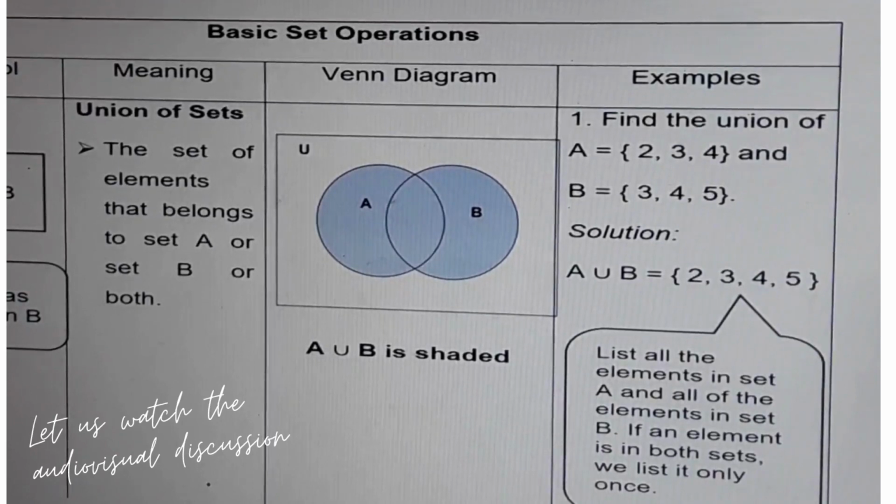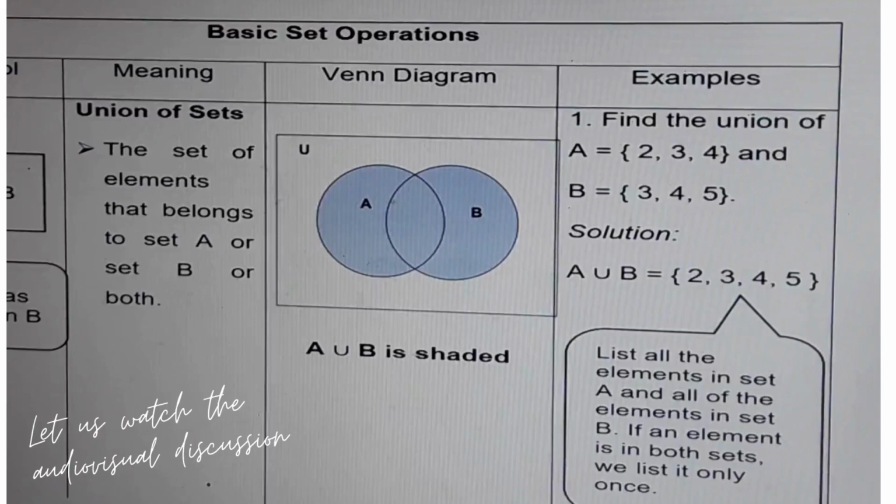Example, find the union of set A, which is composed of 2, 3, and 4, and B, which has 3, 4, and 5. A union B is equivalent to 2, 3, 4, 5.